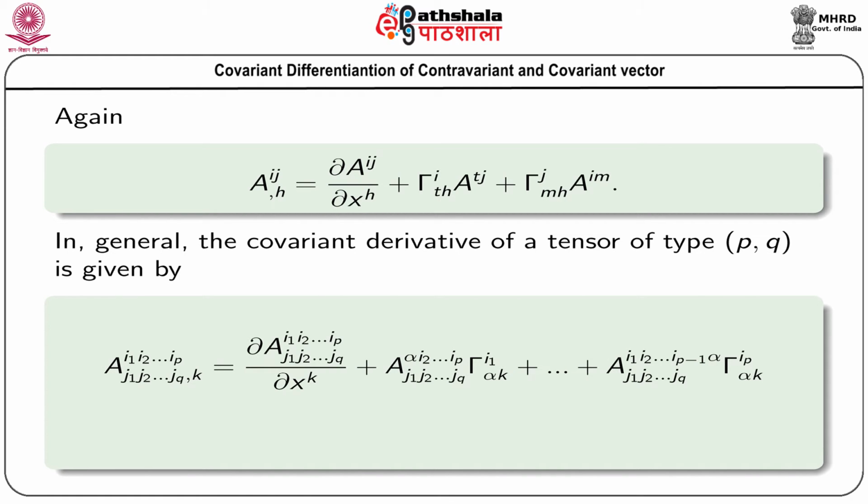In general, the covariant derivative of a tensor of type p q is given by the following expression: A i1 i2 ... ip j1 j2 ... jq comma k equals del A i1 i2 ... ip j1 j2 ... jq by del x k plus these expressions, which is the general formula for the covariant derivative of a tensor of type p q.